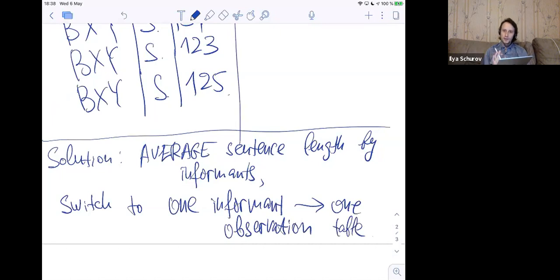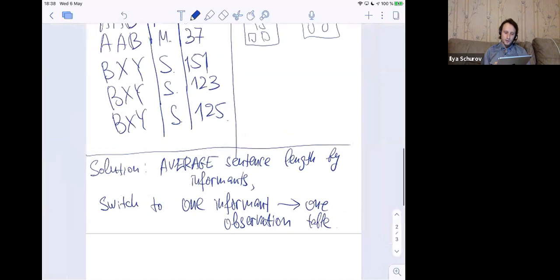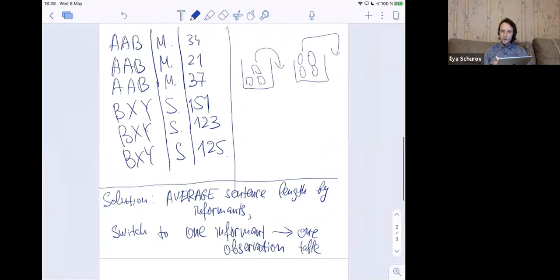And in fact, in this simple model, this can be a good and possible way to do it. But this is not the only possible way to do it.